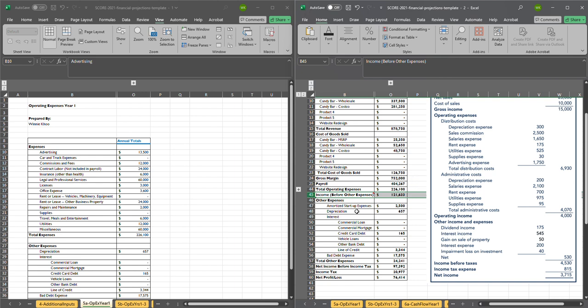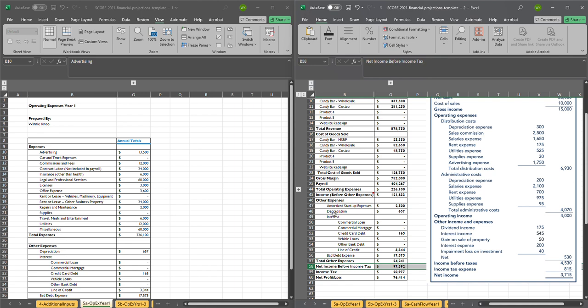And so once you have this metric, the next major section that comes underneath it is other income and expenses. In the template, we only have expenses. In the sample company, we have some other income items like interest and gain on the sale of property. So once you have this, you have a little subtotal here: total other expenses.